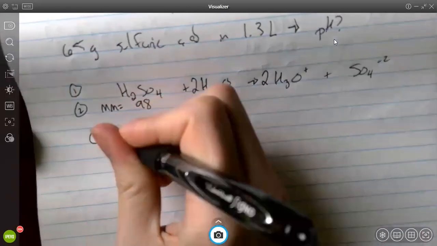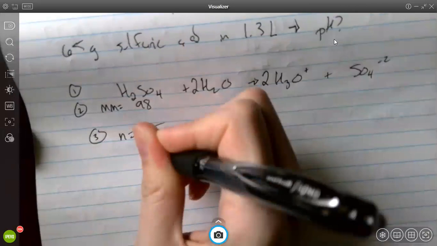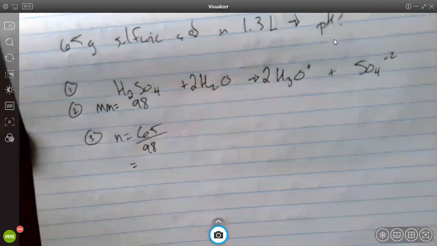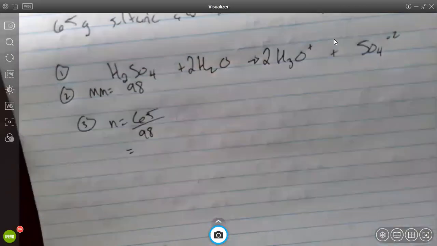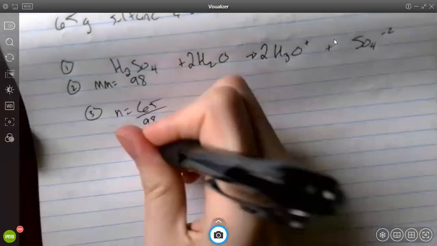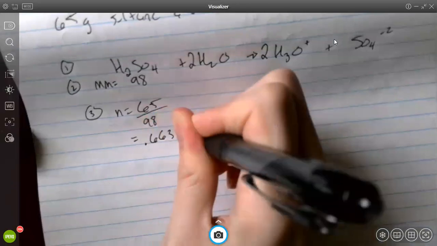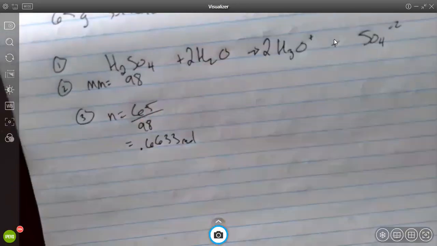Step 3, I do moles equals mass over molar mass and divide those, which gets 0.6633 moles of sulfuric acid.